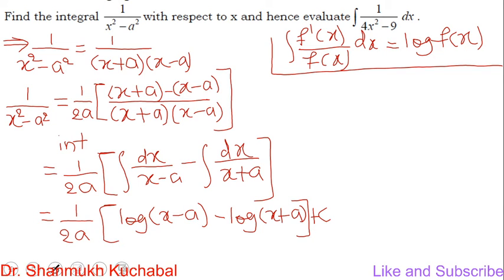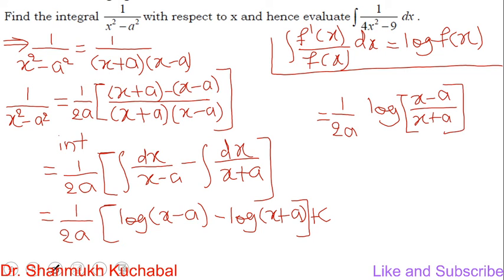Further applying the property of logarithm, log a minus log b is log a by b, we get 1 upon 2a as it is, log of x minus a divided by x plus a, and we add the constant of integration c here. So we get this as the integral value.